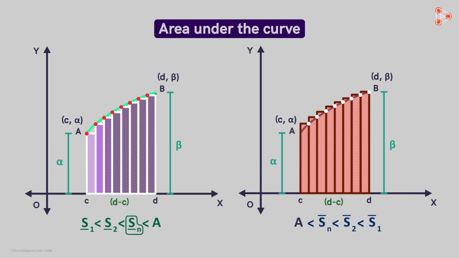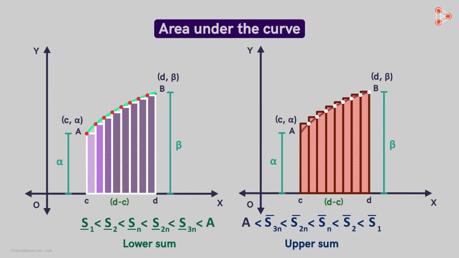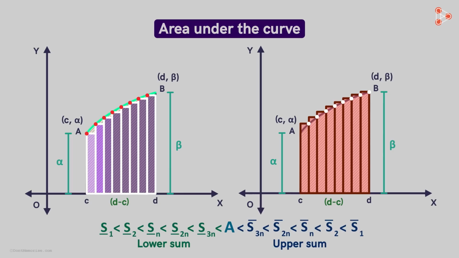The first one will always be less than the area under this curve and is hence called the lower sum. And the second one will always be greater than the area under this curve and is hence called the upper sum. Now, as we divide this interval into smaller and smaller parts, we see that the lower sum and the upper sum approach a number, which is the area under this curve.